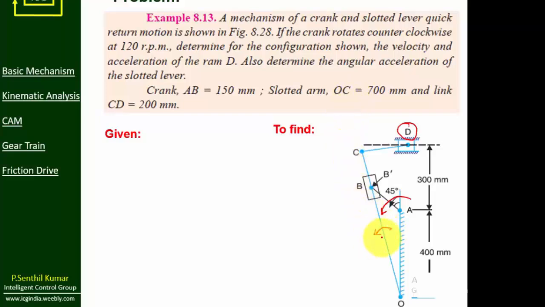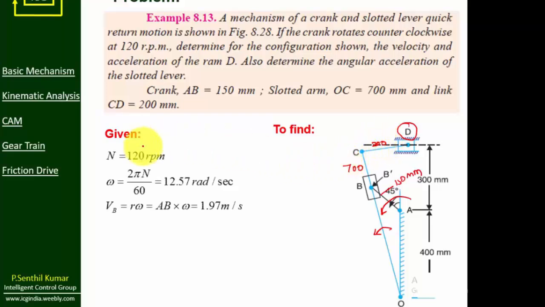We need the angular acceleration of this slotted bar. The dimensions are given: AB 150 mm, OC 700, and CD, so this one, 200. Here the given data, N is already given as 120 rpm.